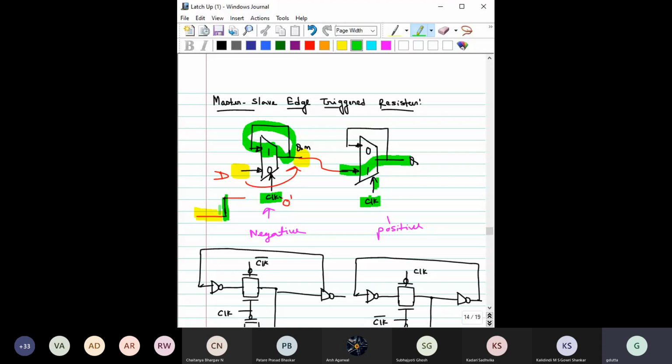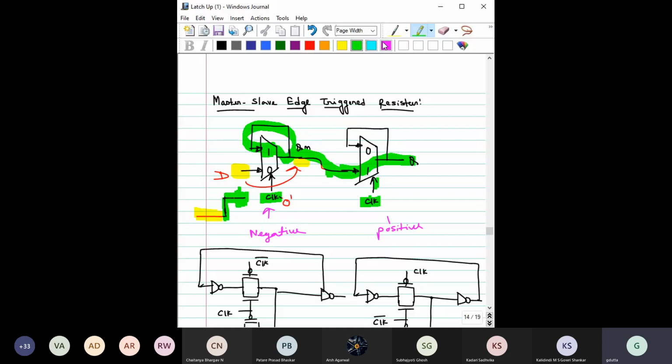Now what will happen in this region? Here clock is already 1, so whatever is coming here will still be connected here. But the first is still in hold mode, so whatever it has stored, it will continue to hold, and this will continue to be in the transparent mode, so whatever is there will continue going to this output.